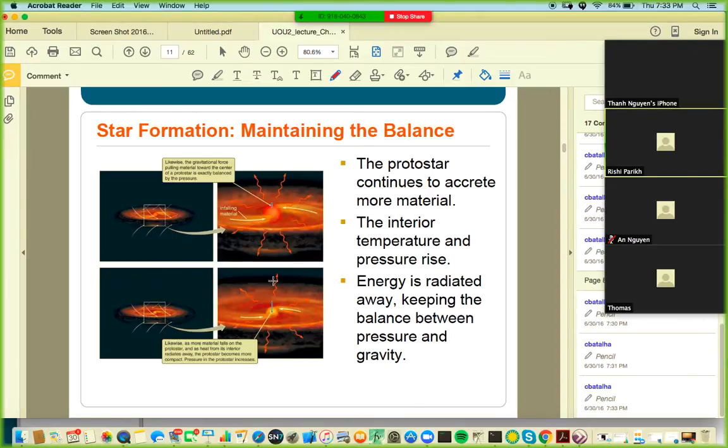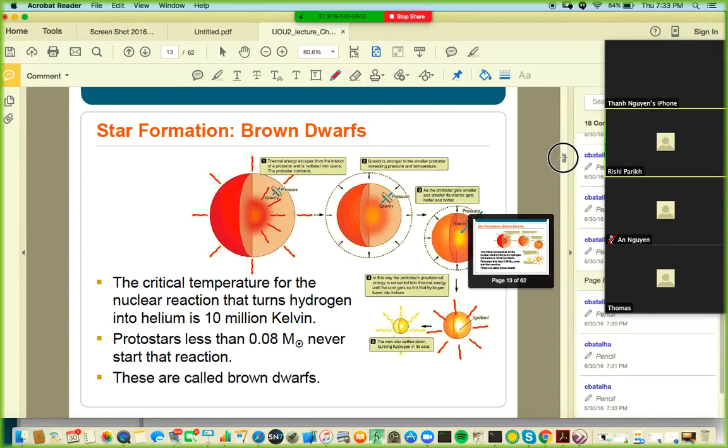This is another display showing the same idea: a central star, a rotating disk, and the star heating up, and out of the disk, crystals or minerals formed at high temperature can come about.